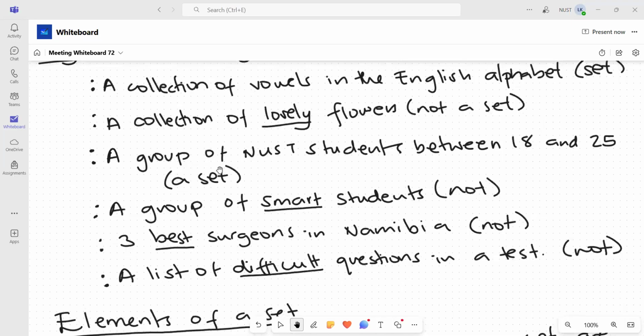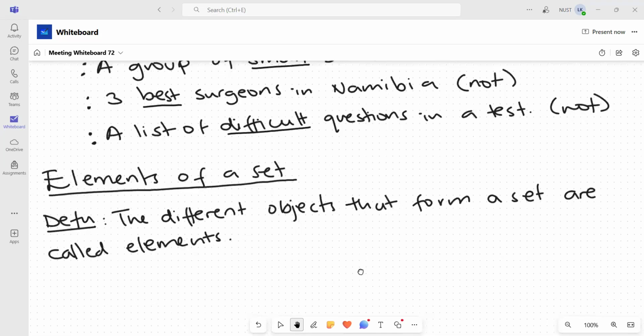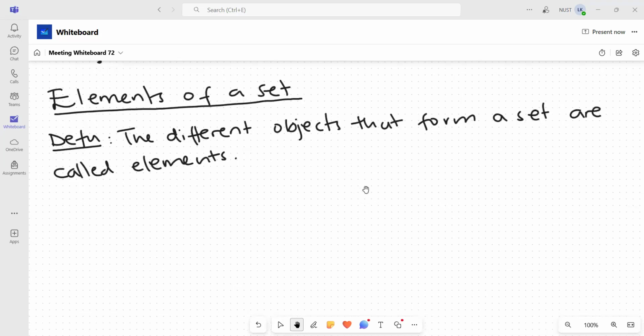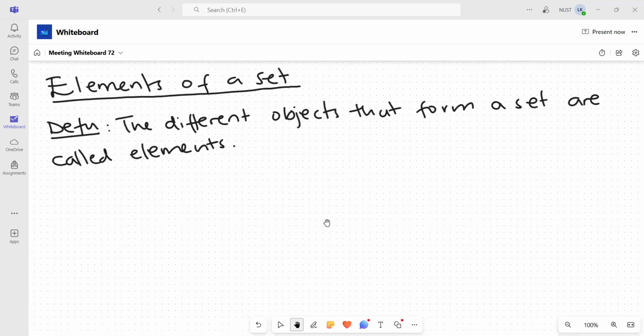If we look at a group of NUST students between 18 and 25, I think most of you in this class would be elements of this set. Elements just refers to the individual objects that make up the set. Objects may be letters, numbers, countries, schools, persons. It's not always just numbers.